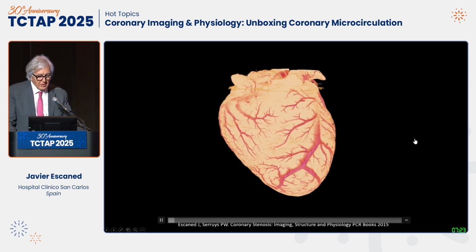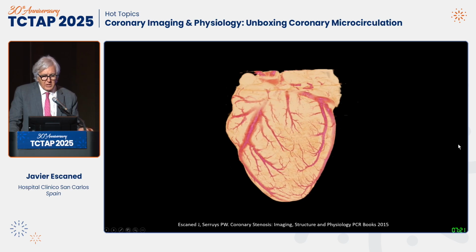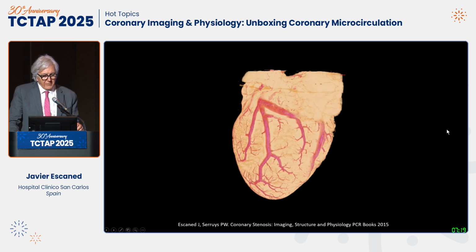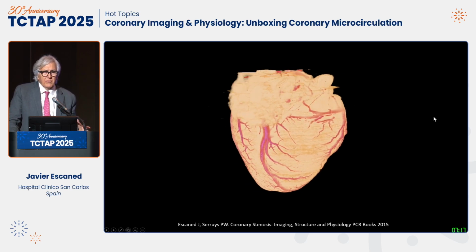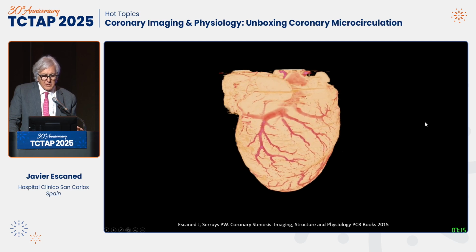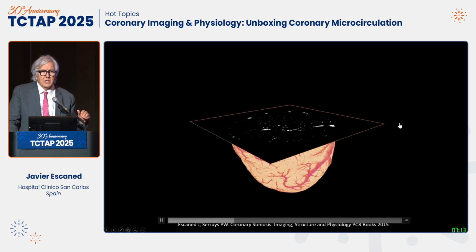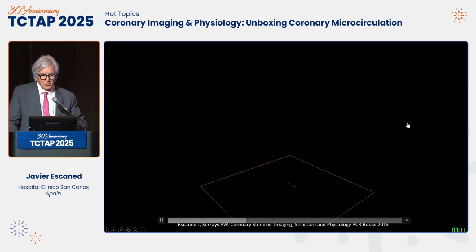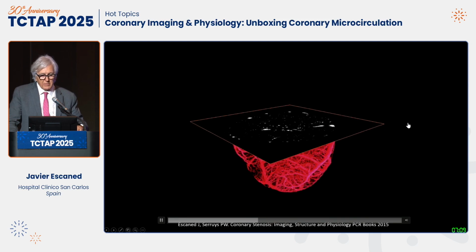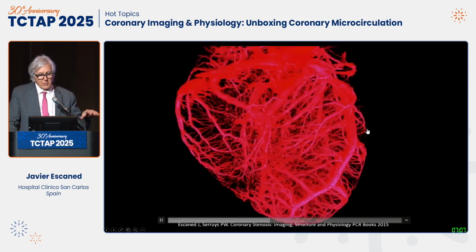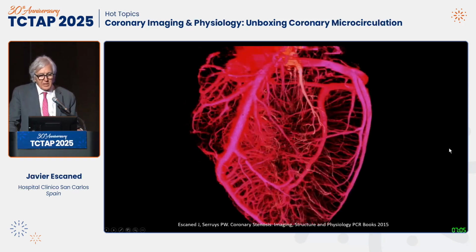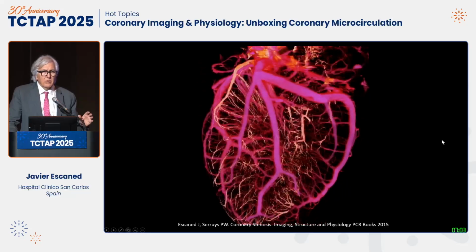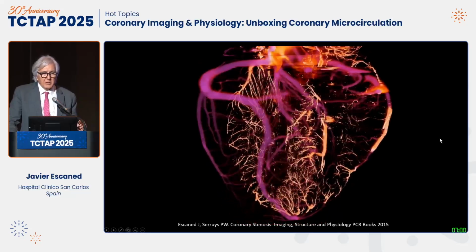Now, if you look at the structure of the heart, this is a very nice reconstruction made by a good friend of mine, Joseph Span. It is actually a frozen heart that has been sliced in multiple cuts, and each cut has been photographed and put together. You can see, of course, that most of the coronary circulation is intramural.